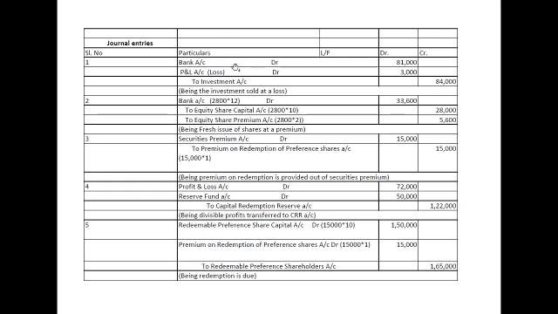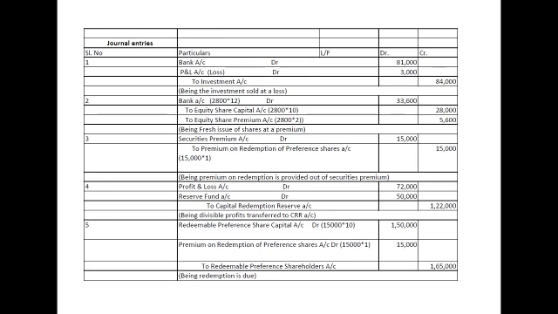So bank account debit 81,000. So this is the sale value. You will receive money. So here there is a loss. So profit and loss account debit 3,000. So 3,000 is nothing but the difference between sale value and the book value.